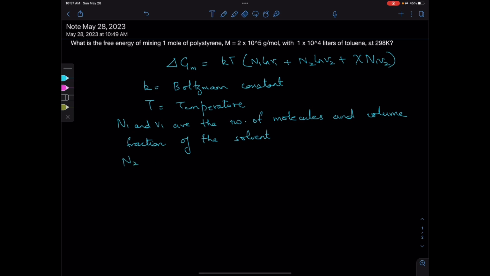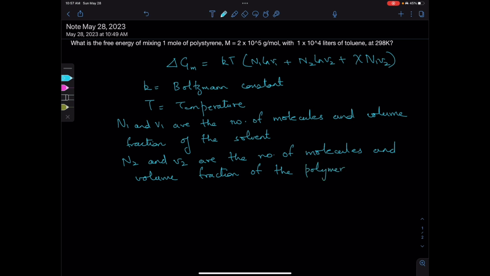N2 and V2 are the number of molecules and volume fraction of the polymer. Chi is the Flory-Huggins parameter for the given solvent polymer.